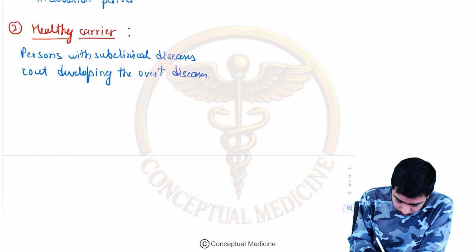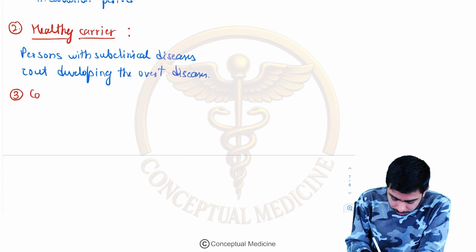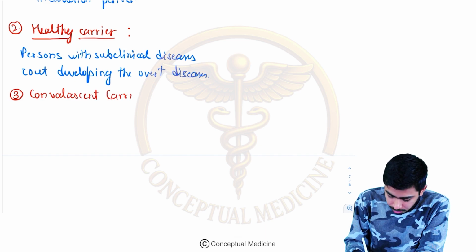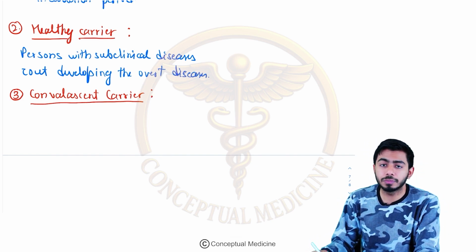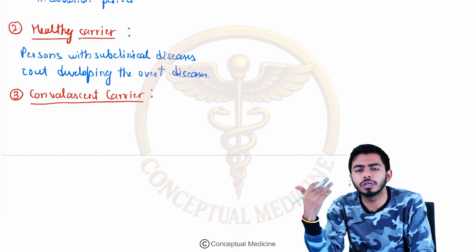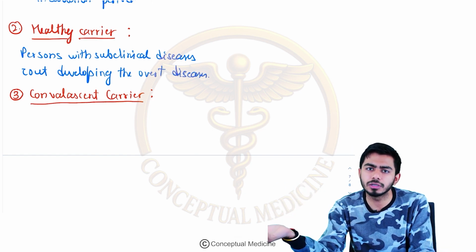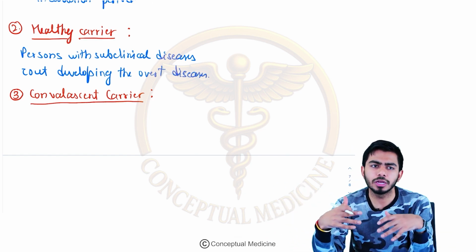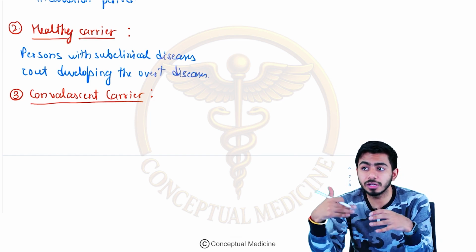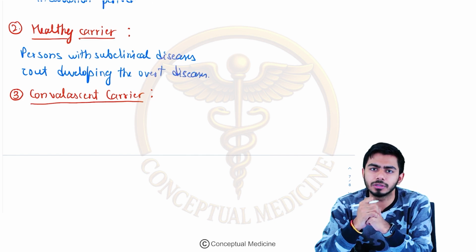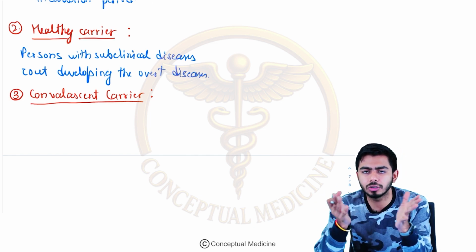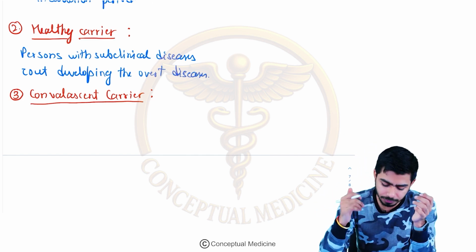Fine. Third one, guys, is the convalescent carrier. What do you mean by convalescent? This means your recovery period. So the persons who can transmit the infection during the recovery period will be the convalescent carrier. For example, the person who is recovering from COVID-19 still might spread the viral infection. So that is your example of a convalescent carrier.